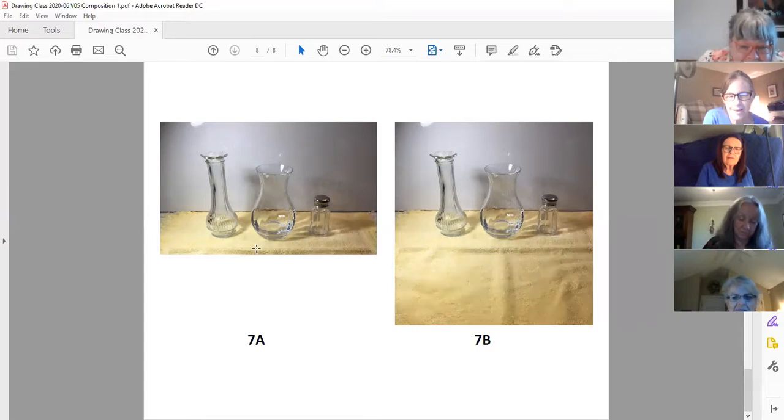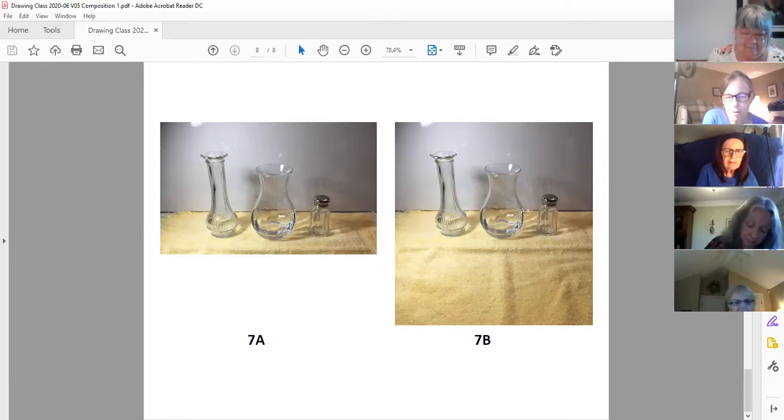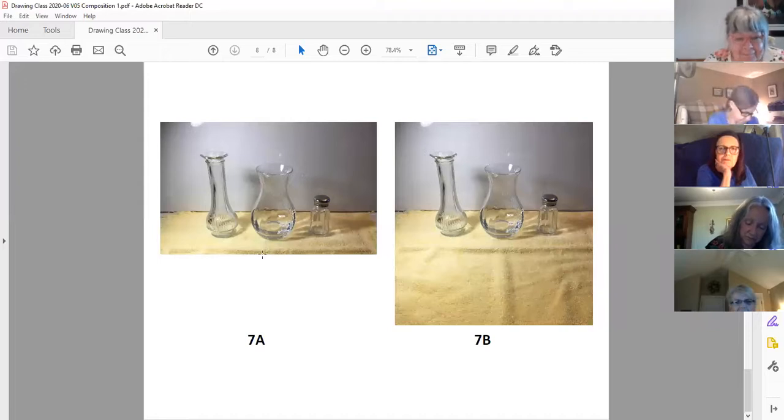So using 7A, this background line where the table meets the wall would not be right in the middle of the overall height. It would be more like 3/4 down. And now the objects on the table would become your center of interest rather than this large dead area in the foreground. So 7A would be definitely a better composition.